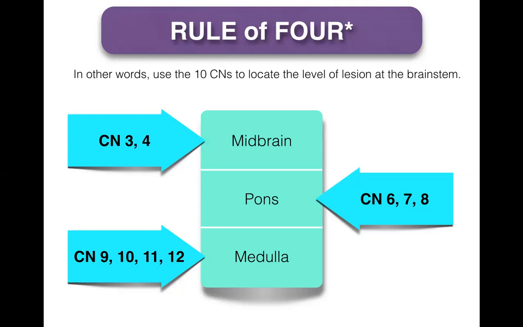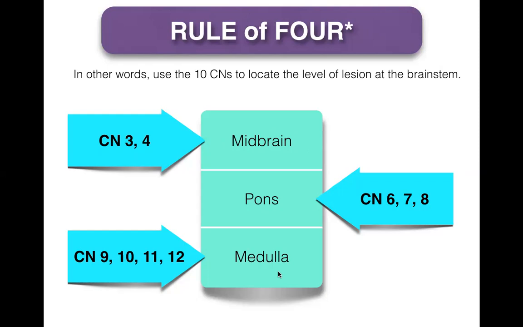Just to give you an overview, if, say, for example, there is a lesion that affects cranial nerve number 3, then we can say that the lesion is located in the midbrain. While if there's a lesion affecting cranial nerve number 12, then we can say that the level of the lesion is found at the level of the medulla.